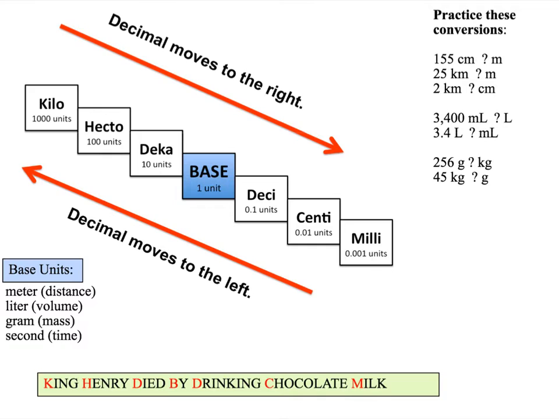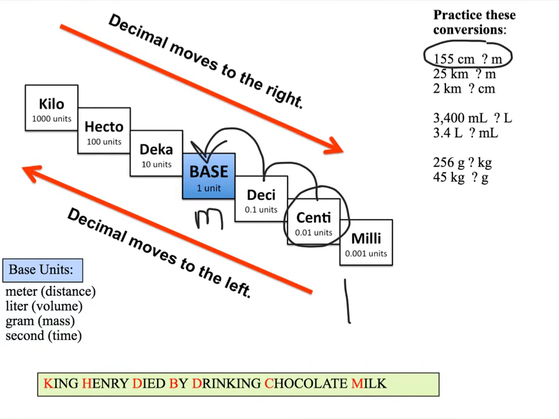Now we're going to practice some conversions. So let's start with meters. And we're going to put our base unit as 1 meter. We use just a lowercase m. And I want to look at this first conversion right up here. 150 centimeters is how many meters? So we'll be starting right here with centimeters. And we're moving our decimal point 1, 2 spaces to the left.